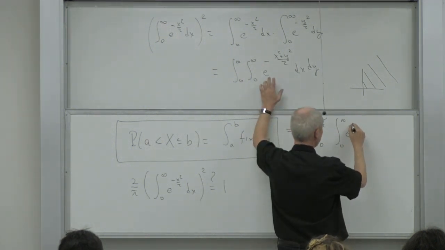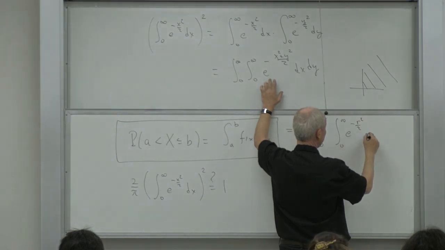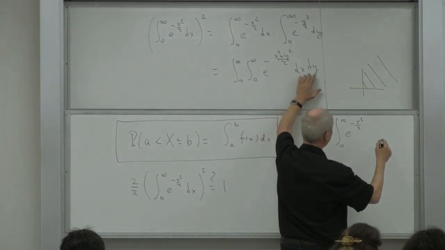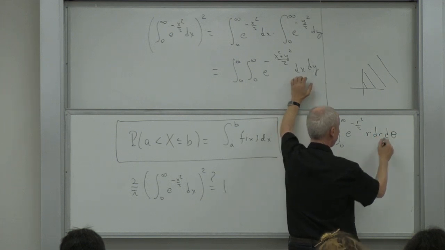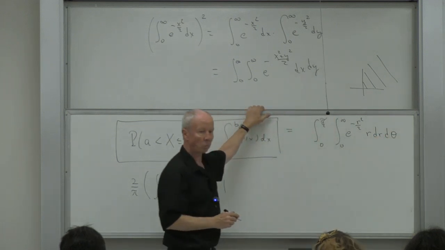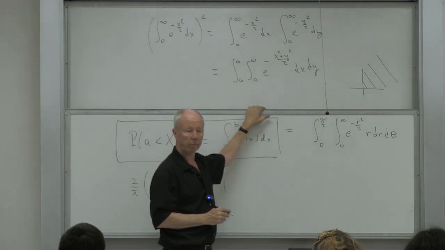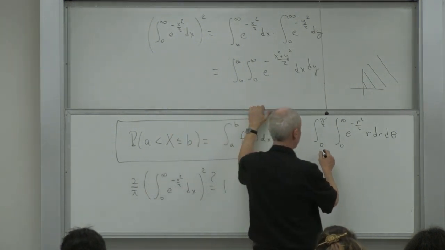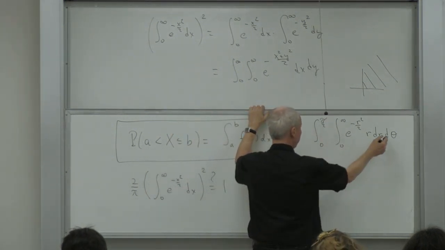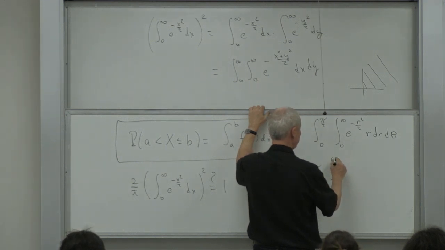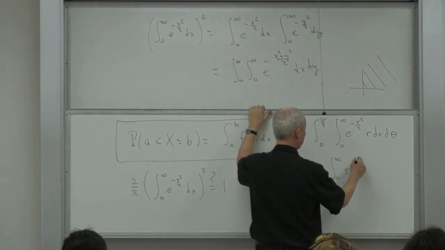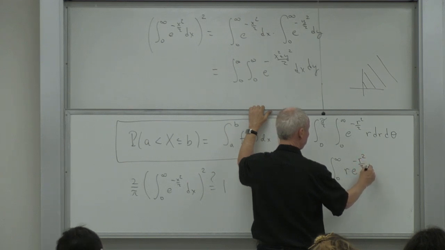And we get e to the minus r squared over 2. And then what do we put here instead of dx dy? R dr d theta. Okay? We integrate from 0 to pi over 2 d theta, you get pi over 2. Then we have integral 0 to infinity r e to the minus r squared over 2 dr.